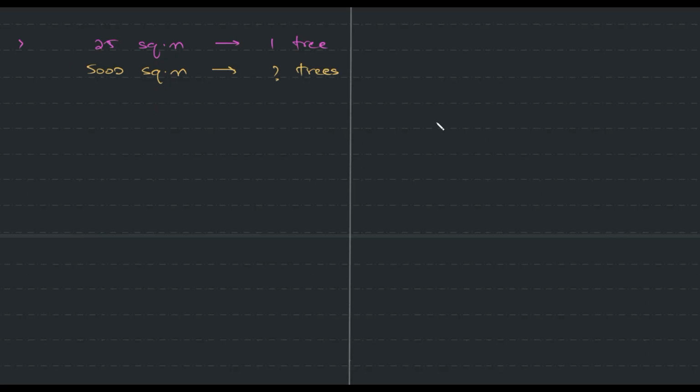Similar to how we thought about this, I'll give you this clue again. If one tree costs me 25 rupees, let's think of it that way. How many trees will I be able to buy for 5,000 rupees?